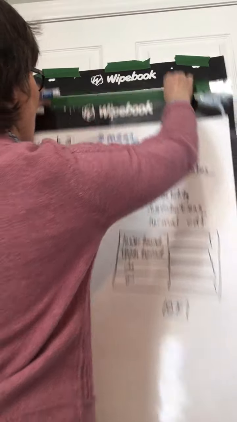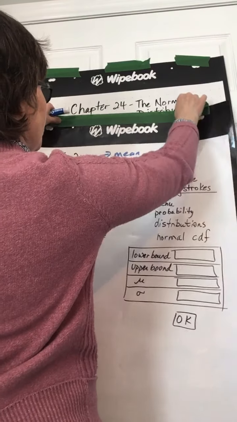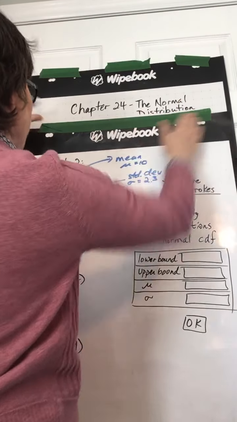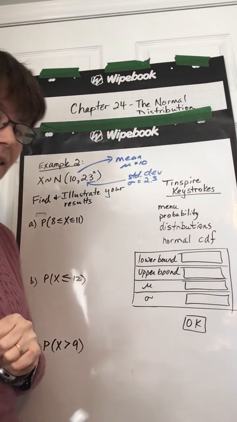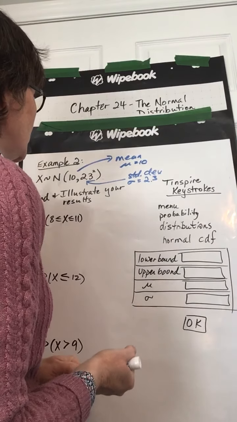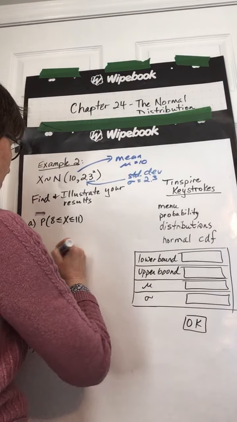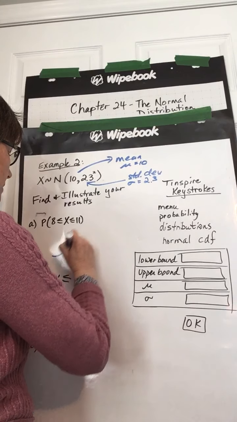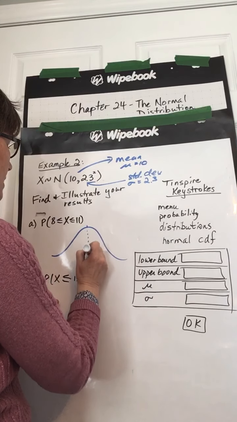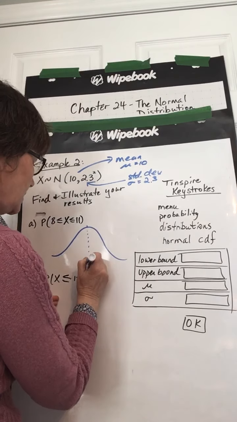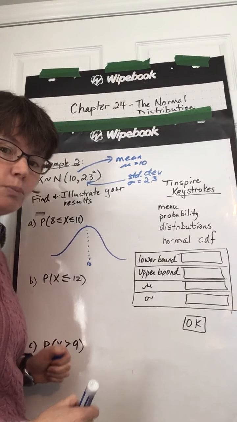So for example, if we're looking at probability between 8 and 11, let's take a look at what this curve would look like, because we have to illustrate it anyway. Again, normal distribution, the mean of 10, standard deviation of 2.3.